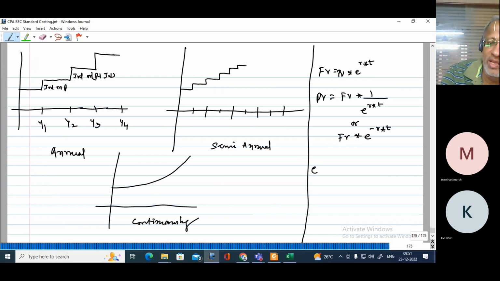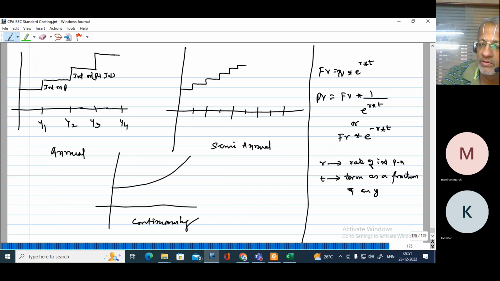Here r stands for rate of interest per annum, and t stands for the term as a fraction of a year.